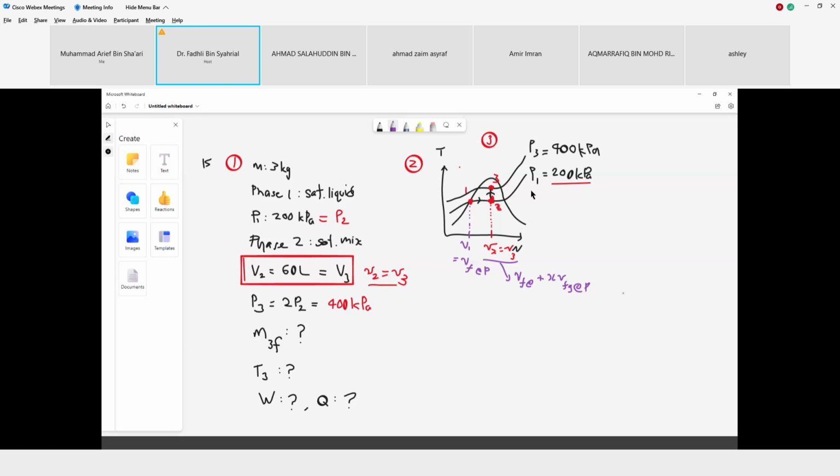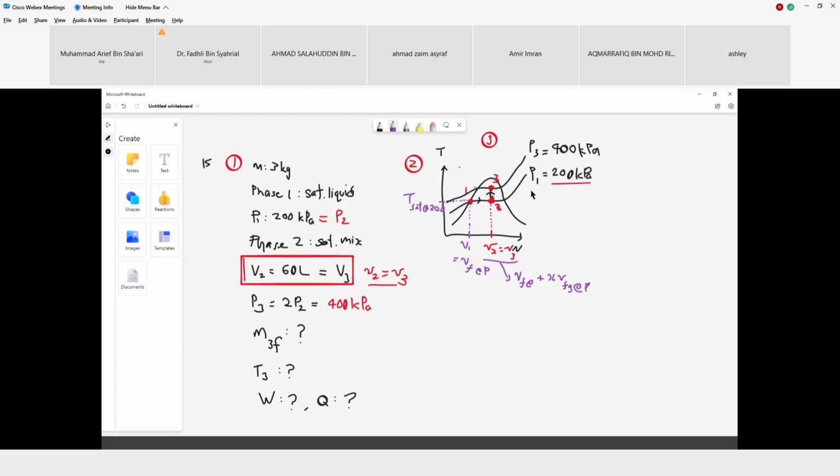Okay. Kemudian next, this one, this is as usual T sat at the given pressure, berapa? 200 kilopascal.